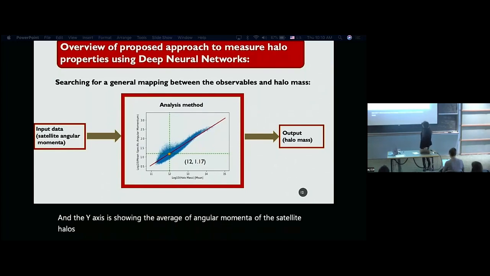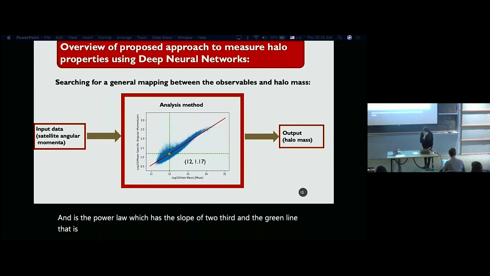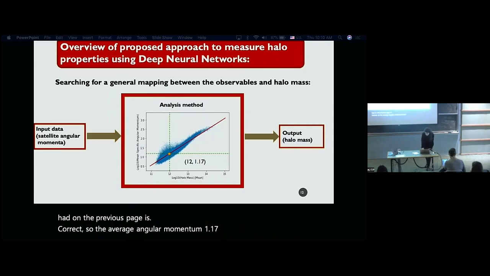The red line is the power law, which has the slope of 2/3, and the green line I just wanted to show that the formula that we had on the previous page is correct. So the average angular momentum of 1.17 gives the mass of 10^12 of the halo.